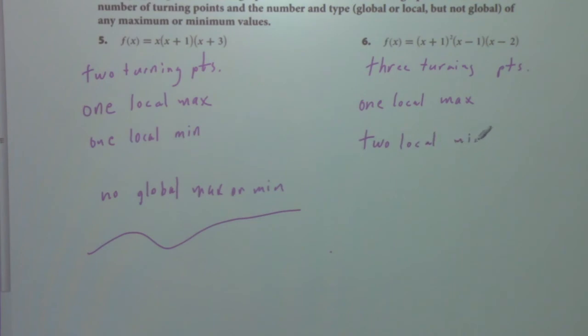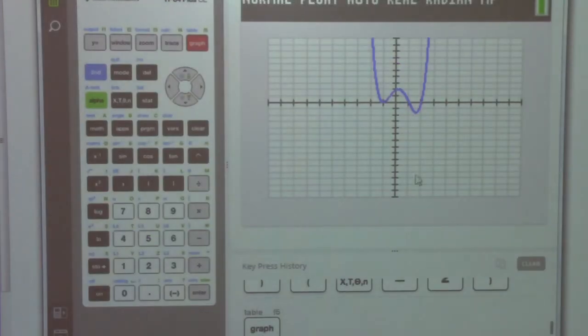And 1 global minimum. Okay. I'm using min and max, and right here, let's make sure she's right. There's your global. So both of these are local, but this one down here is also global, right?